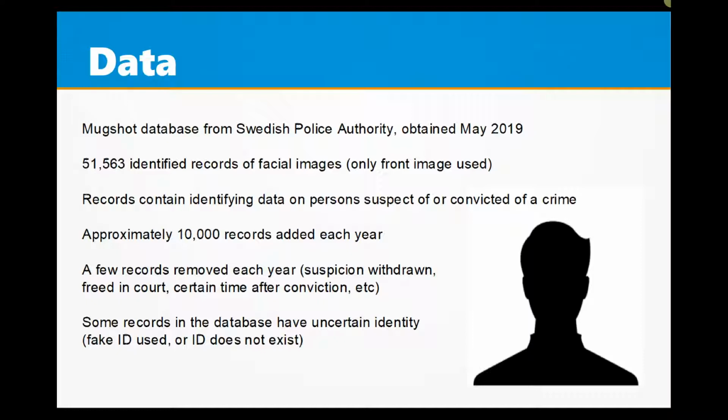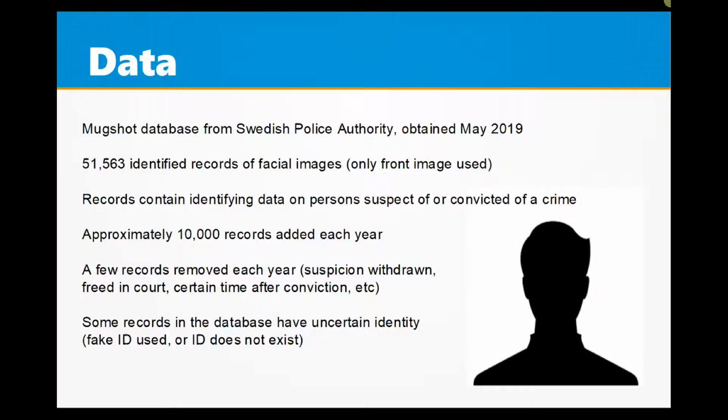Some are also removed afterhand, but not as many as are added, so the database is in continuous growth. The quality of the data is highly variable. In some cases, images are missing, in other cases, identities are missing, but overall, it is the largest database we know of that is legally available to us, and yet may represent a valid cross-section of the entire population, which is what we want.